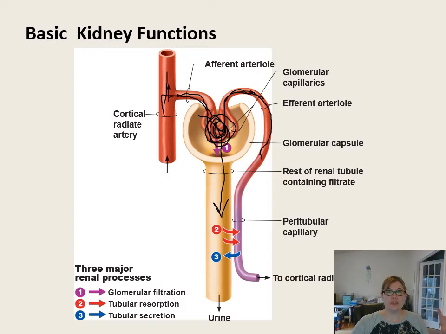Now, these two took a separate path, but right here, you're going to see that there is the ability for things to move back and forth through this membrane. The peritubular capillaries, think about what that word means. Peri means surrounding. These are the capillaries that surround the tube. So they kind of weave around it.